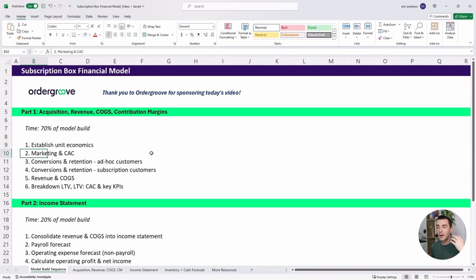We did a marketing and CAC forecast. We also projected the conversions and retention behavior of ad hoc and subscription customers, calculated all the revenue, all of the COGS, contribution margins, LTV, LTV minus CAC, and some other key KPIs. You can see everything we did in part 1.